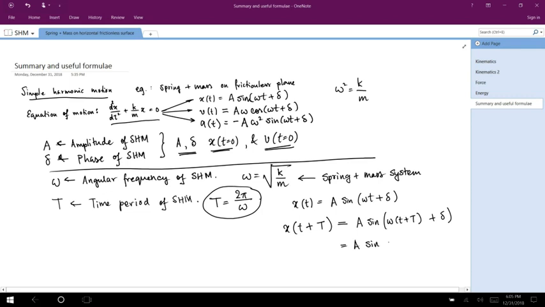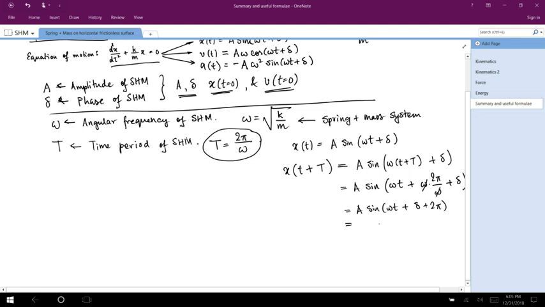So we will find A sine(omega t plus omega times 2 pi over omega plus delta). The omegas will cancel and we will have A sine(omega t plus delta plus 2 pi). Now if you remember your trig, sine of something plus 2 pi is the sine of that thing. So A sine(omega t plus delta) is what we get back.